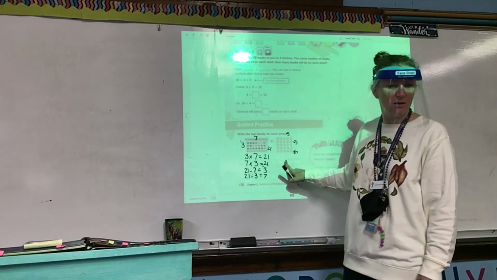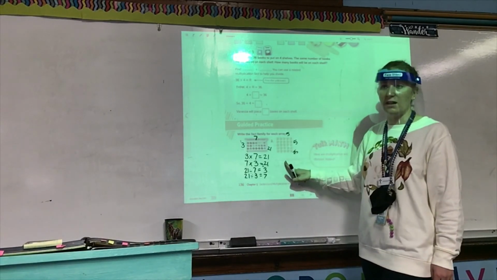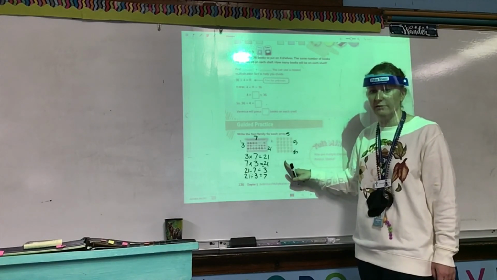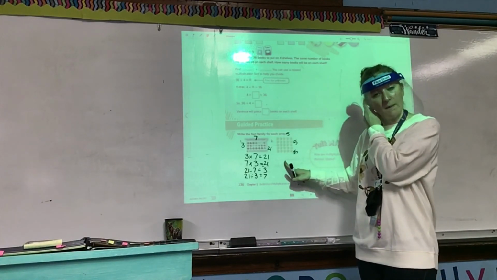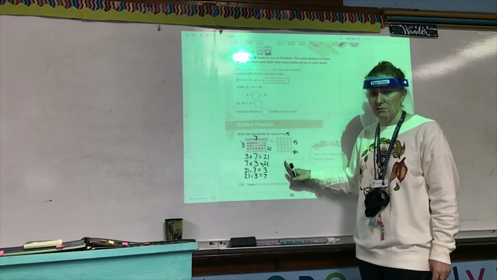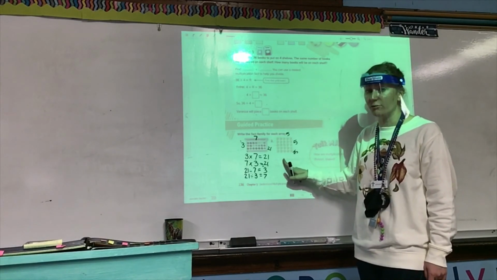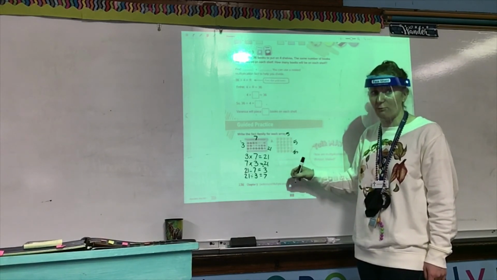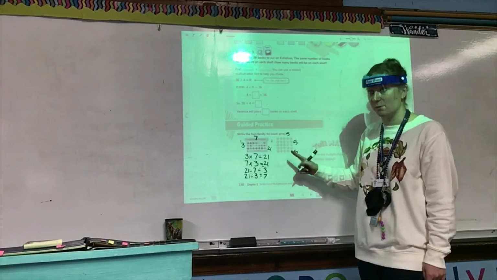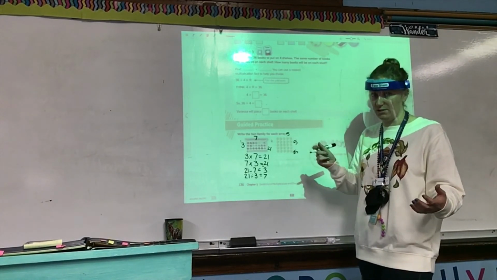Who can help them out? Shells. We take the number of rows or columns, whichever one we choose, and we multiply it by the number of rows or columns, whichever one we didn't choose.